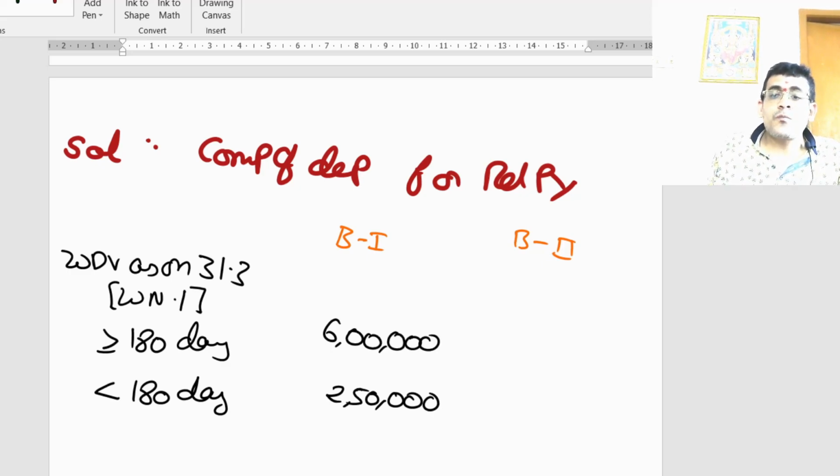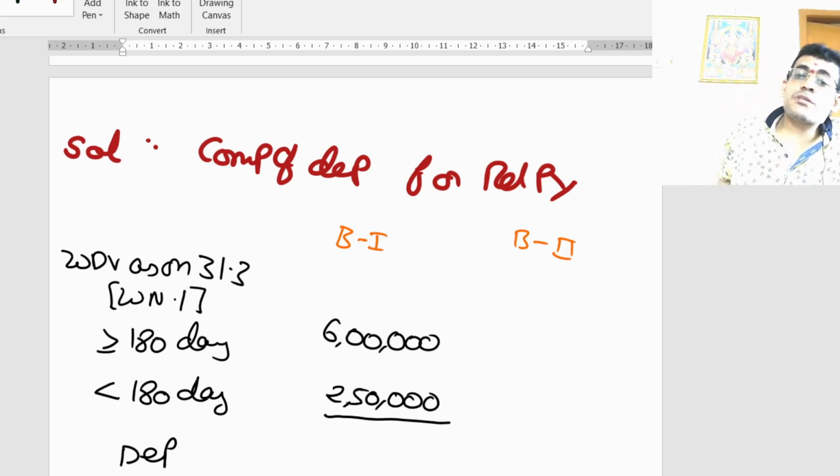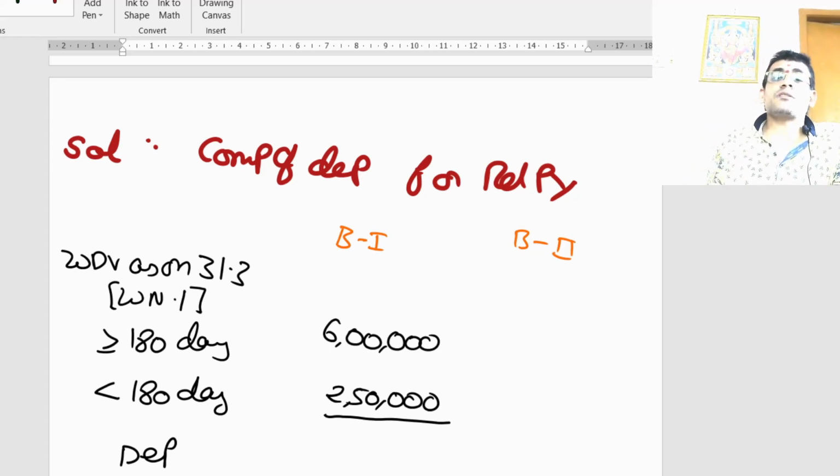So now based upon this I will calculate the depreciation also under two different categories. Any asset used for a period of less than 180 days, the rate of depreciation is 50% of your normal rate. Asset put to use for a period of more than 180 days, the depreciation is 100% of your normal rate. So now what is your normal rate?